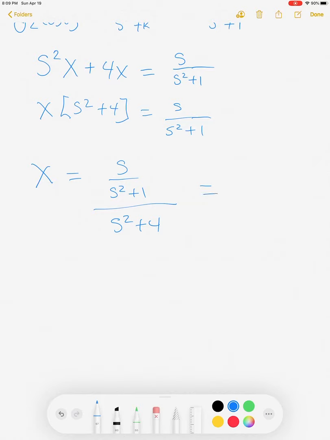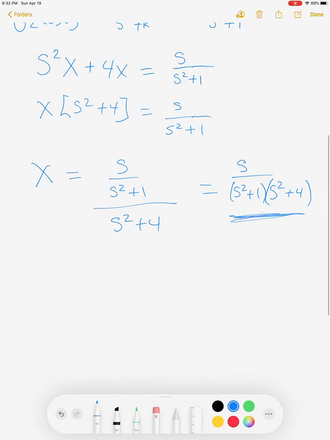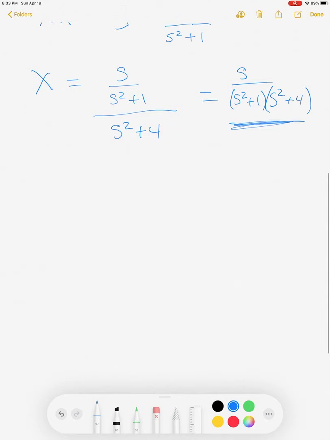So that would be s over s squared plus 1 times s squared plus 4. Okay, so how we have to figure out the inverse Laplace transform of this is to do partial fraction decomposition.